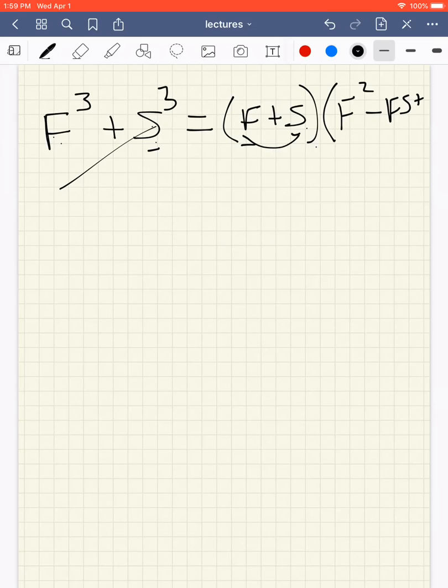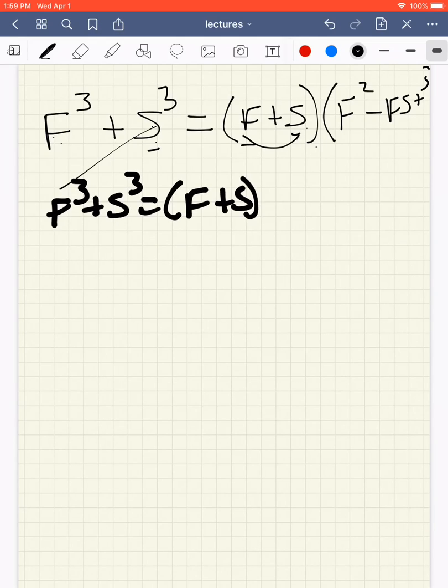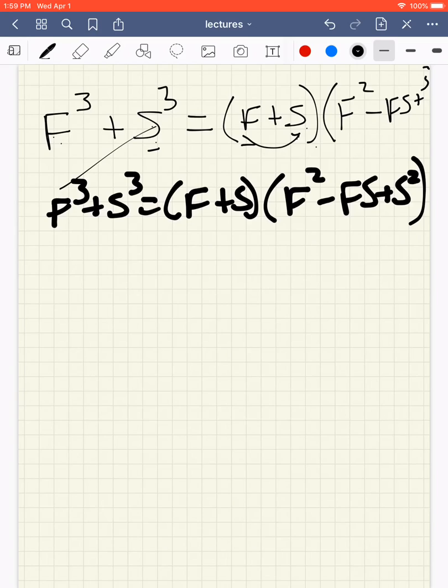The formula says you square the second term. So this will be s squared. And that looks really bad, so let me rewrite that. F cubed plus s cubed equals f plus s times f squared minus fs plus s squared. Alright, so that's called the sum of two cubes when it's added.